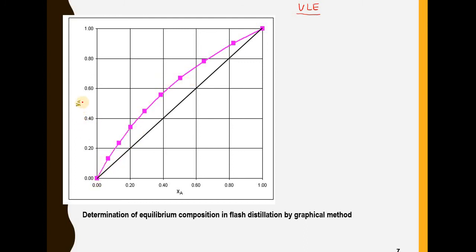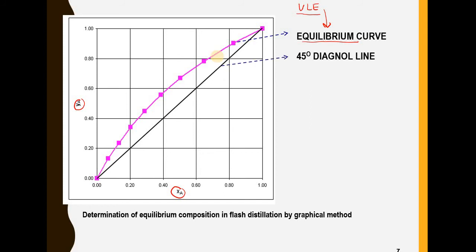For example, if I plot YA versus XA, I will get this purple curve as the equilibrium curve from the VLE data. The VLE data will tell you the equilibrium composition of Y and also X. Next, from the equation that we derived just now, this is the 45-degree line.